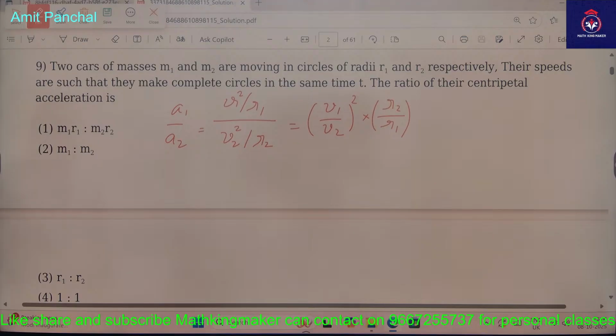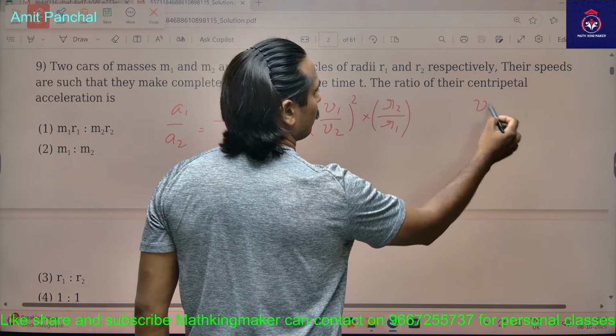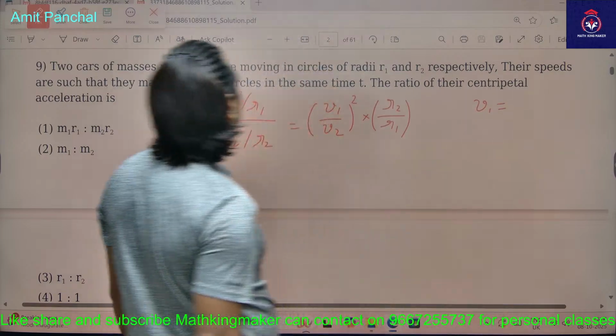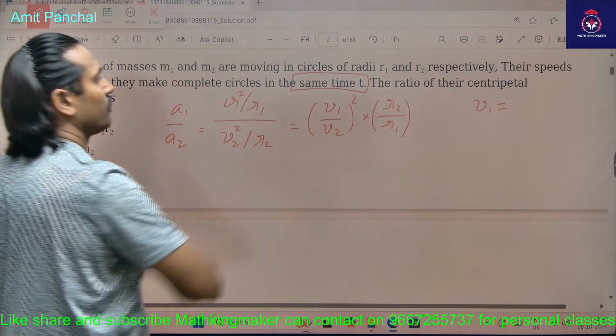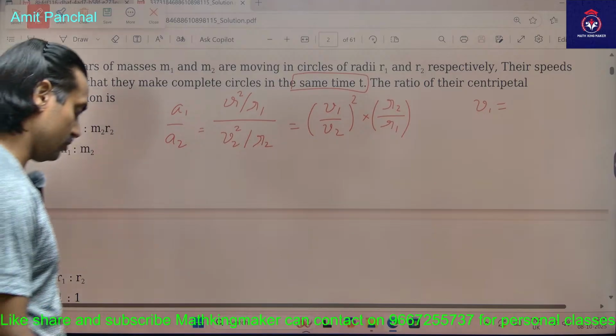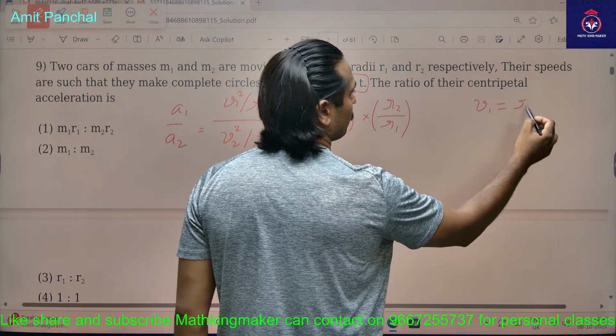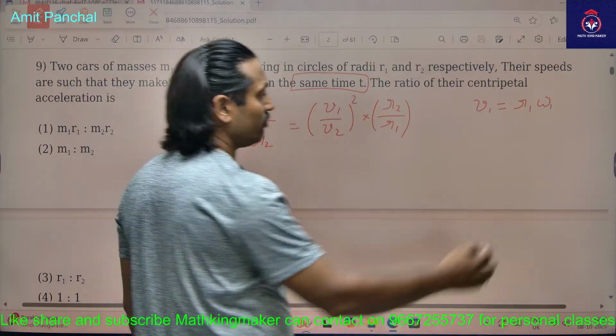So what is V? See, the time period is same. So you can say V1 is equal to R1 omega 1. And what is omega?